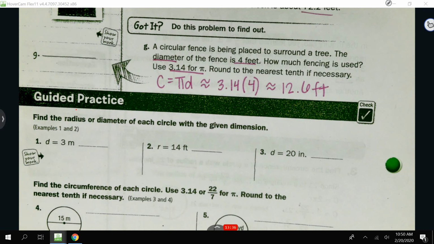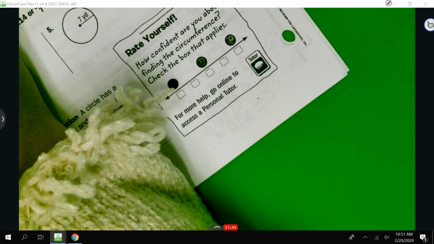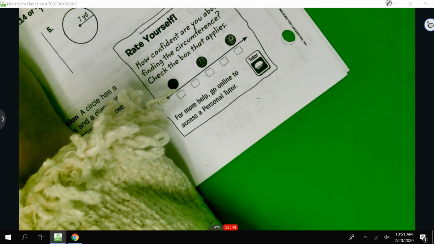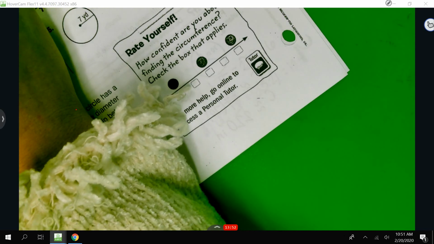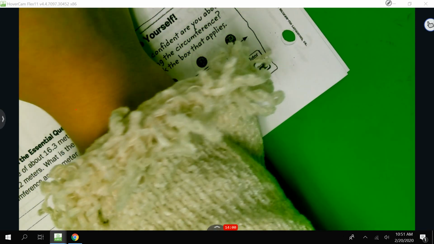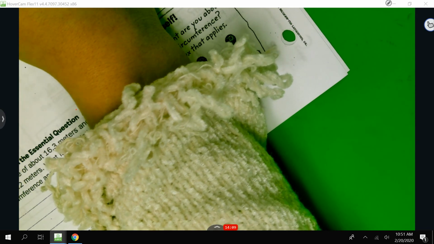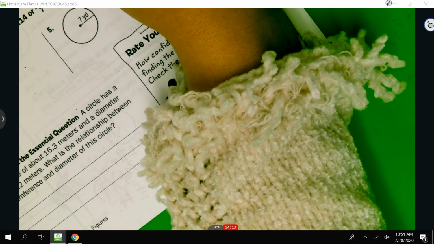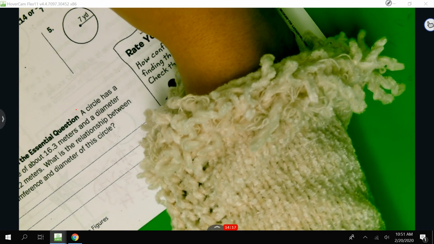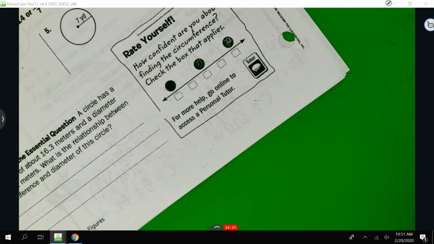So the first formulas that we used, you are not finding the circumference. So everybody's doing 1, 2, and 3.